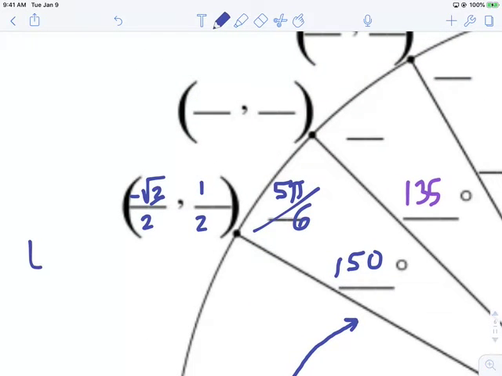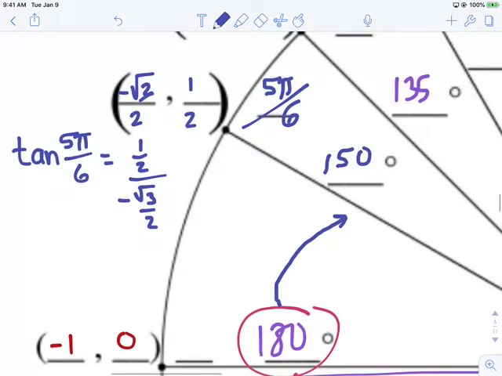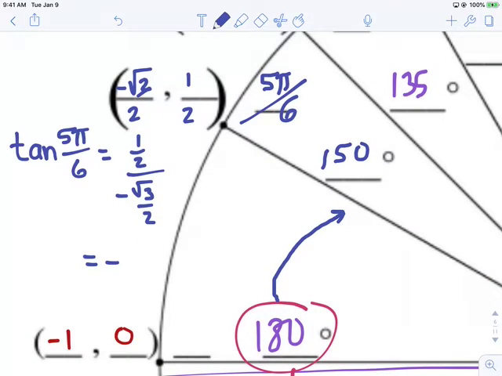Now I wanted tan of this angle, 5 pi over 6. So that's equal to y divided by negative root 3 over 2, which is equal to negative, well, take the 1/2 times the reciprocal of the bottom, 2 over root 3.